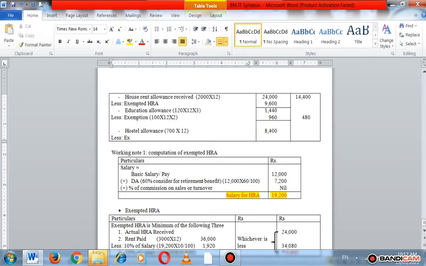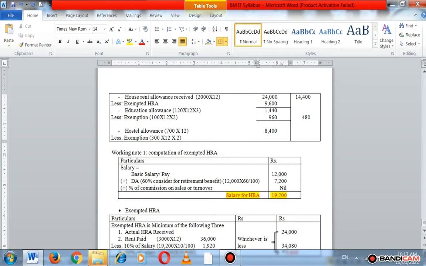Then less exemption. Hostel allowance is exempted rupees 300 per month per child, multiplied by 12, maximum two children. So 300 multiplied by 12 multiplied by 2. Hostel allowance is exempted for two children only; for more than two children it is disallowed. Got it?